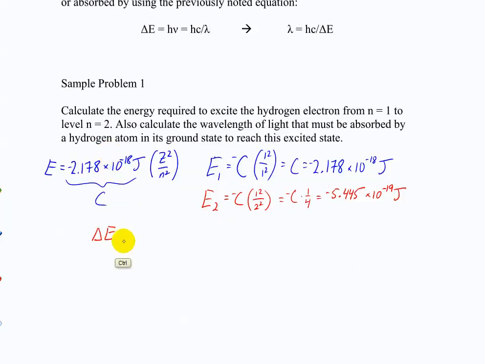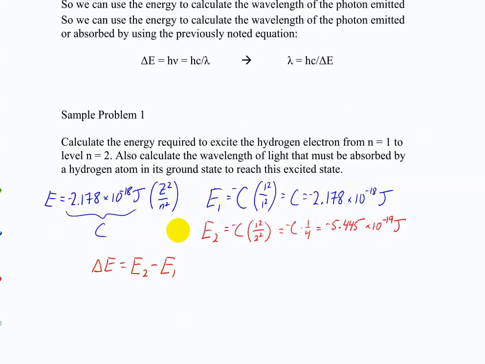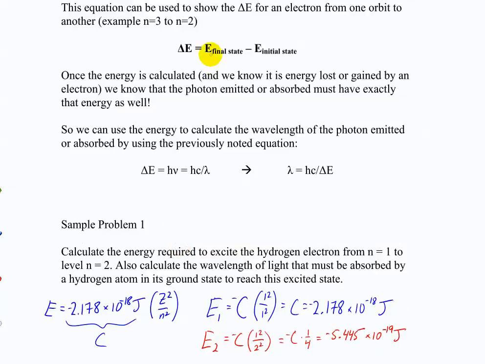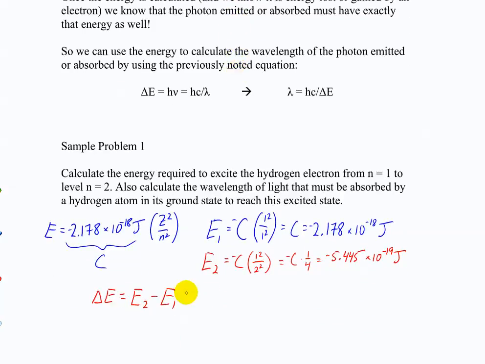The change in energy is the difference between these two levels. And that's going to be E2 minus E1 because it went from E1 to E2. That's what it was excited as. And the equation tells us that the change is the final state minus the initial state. So we subtract those two numbers.